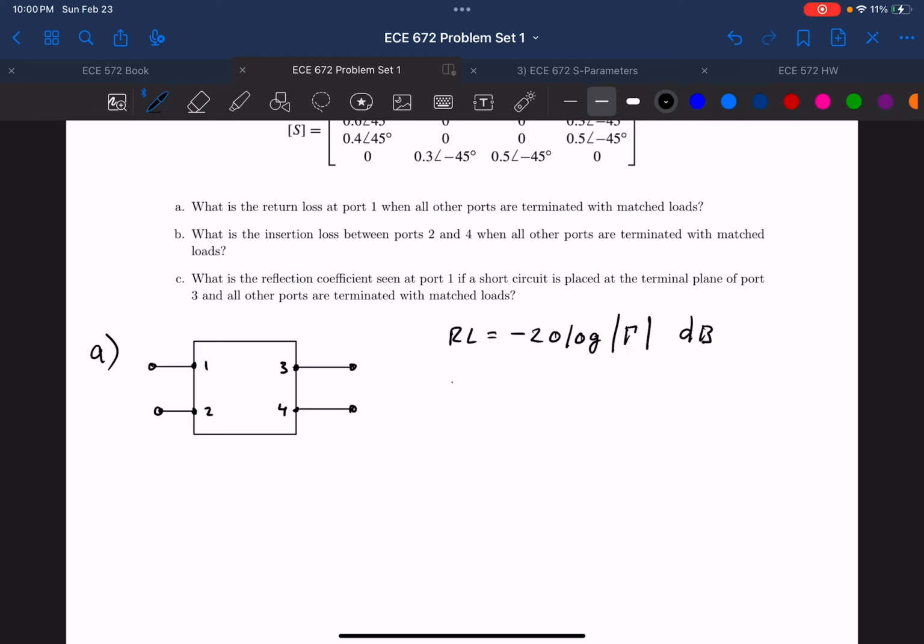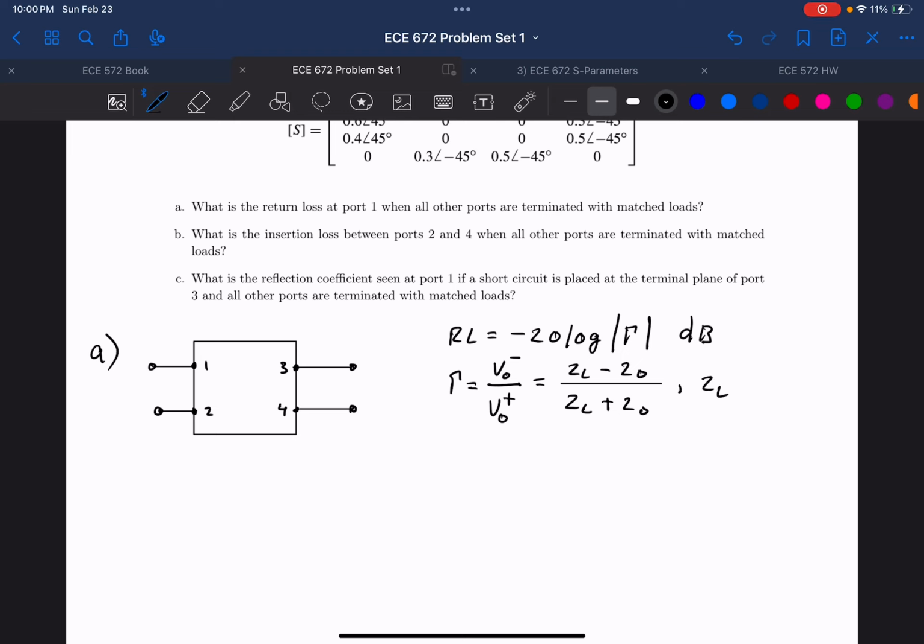We know that the reflection coefficient is the ratio of a reflected wave over an incident wave, which is equivalent to (ZL minus Z naught) over (ZL plus Z naught).